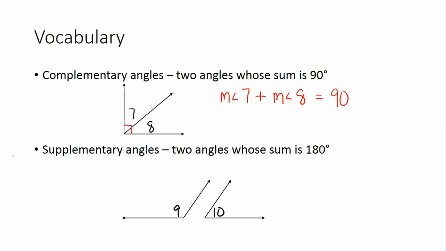Similarly with supplementary angles, the measure of angle 9 plus the measure of angle 10 will equal 180. So the biggest trick with these two is just remembering which one's which. So complementary adds up to 90, supplementary adds up to 180.